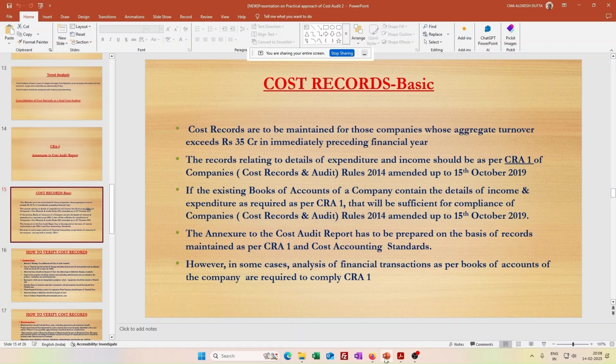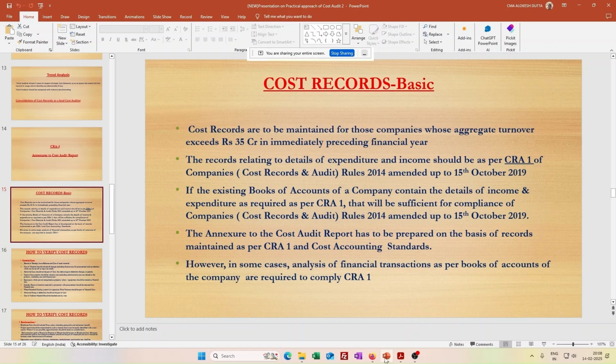Next, the annexure to the cost audit report has to be prepared on the basis of the cost records maintained as per CRA 1 and the cost accounting standards. There is another aspect: cost accounting standards. You have not only to comply with CRA 1, but also with cost accounting standards and generally accepted cost accounting principles.